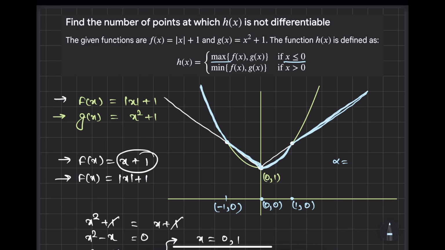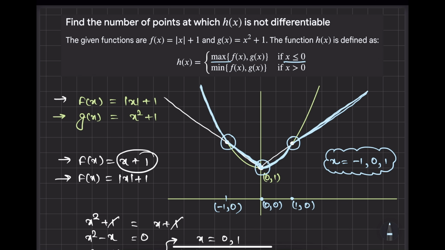At this point it is taking a sharp turn, at this point a sharp turn, at this point a sharp turn. So we are finding x at which it is not differentiable: x equals minus 1, 0 and 1. So there are 3 points at which the given function is not differentiable.